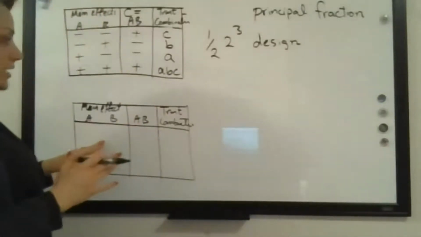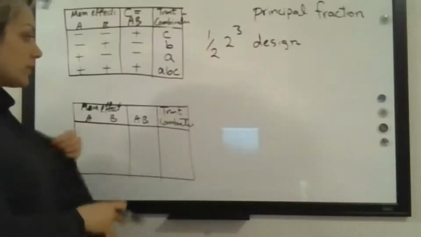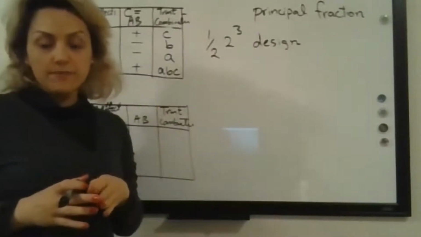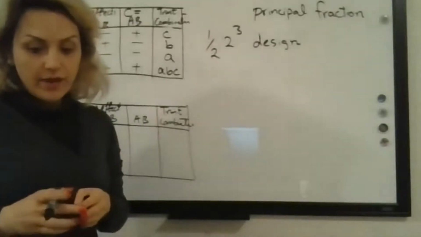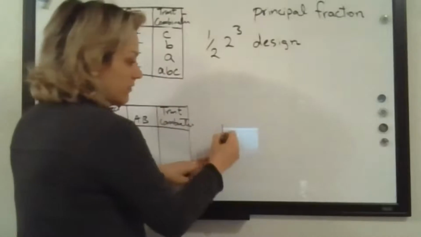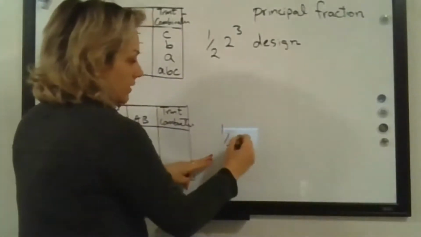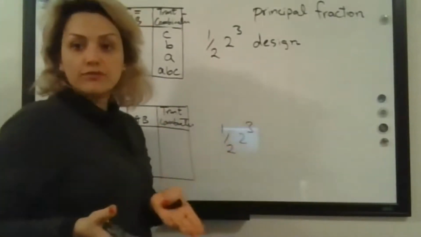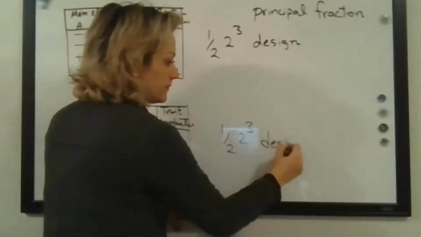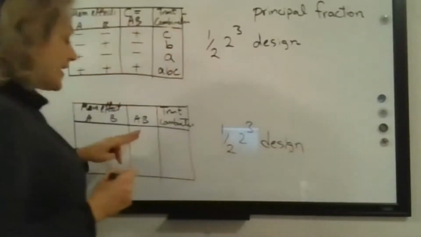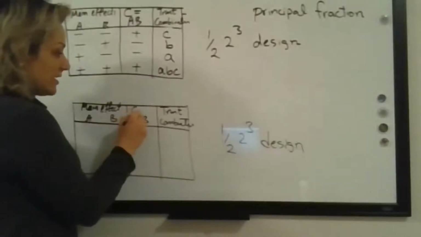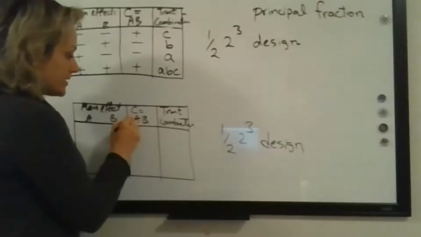The next one is when we are working with the alternate fraction, the alternate design, and again the design is going to be 1 over 2. It's half of the full factorial, right? 1 over 2, 2 power 3 design. And here we would say C is equal to minus AB.